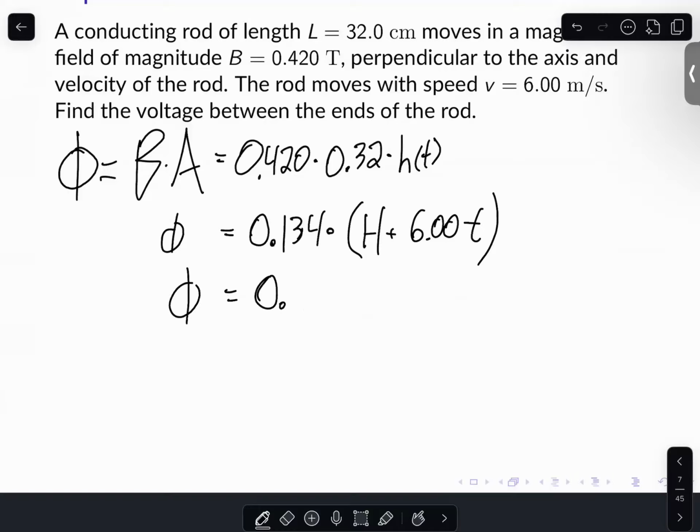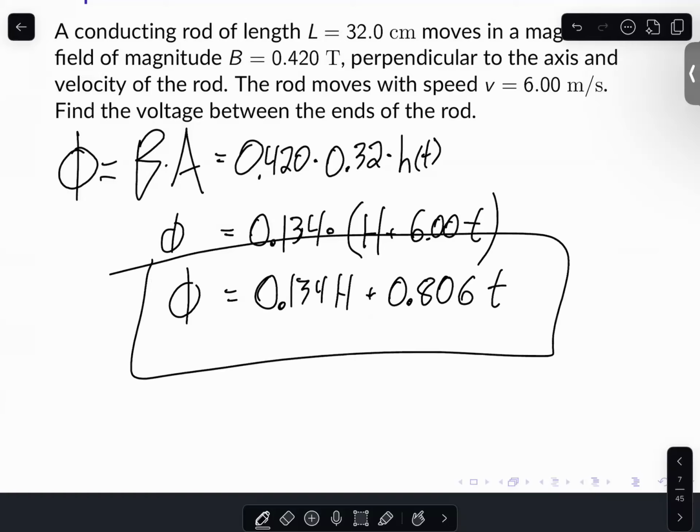Flux equation. What's 0.134 times? Oh, it's 0.806. Height is wherever you start. Doesn't actually matter in this equation. Time is time.